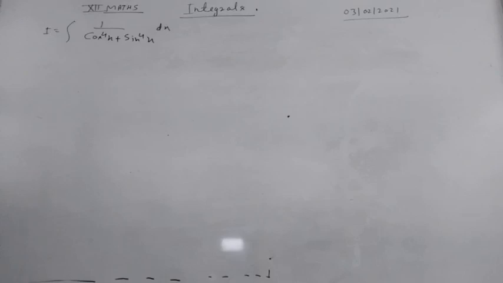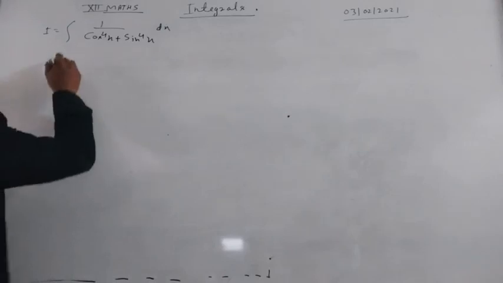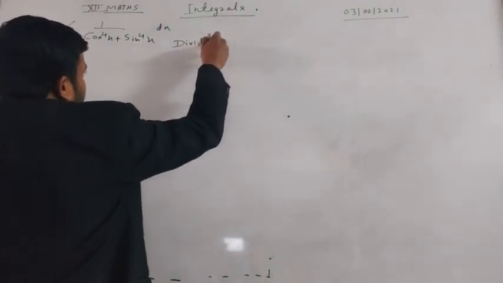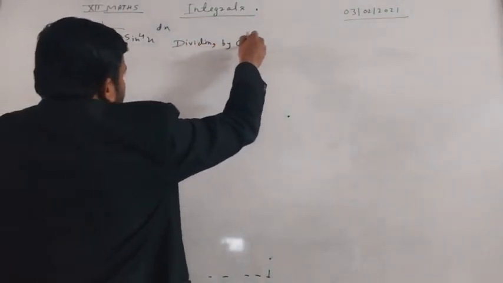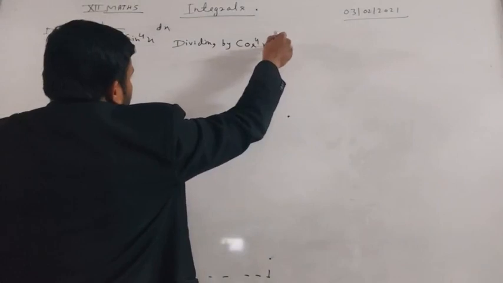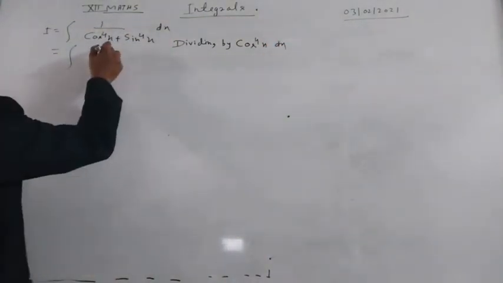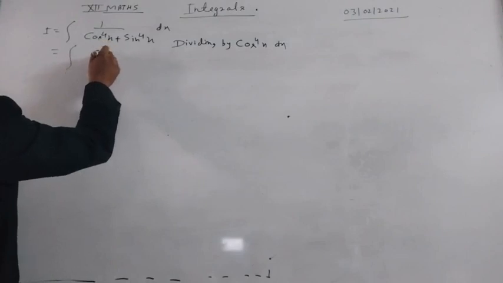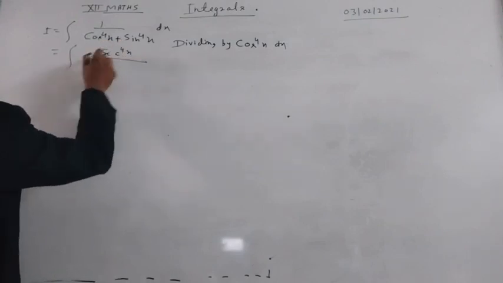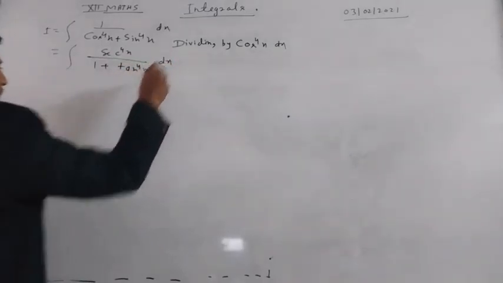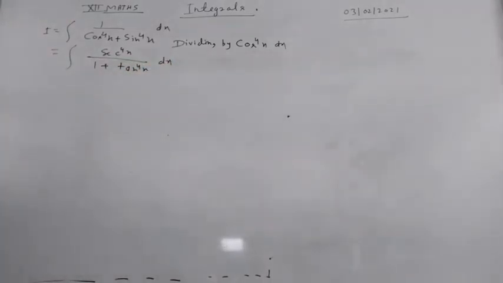Okay, friends, in this question, first of all, students, we write, dividing by cos to the power 4x. So here we write sec to the power 4x and by 1 plus tan to the power 4x. This we can easily write.